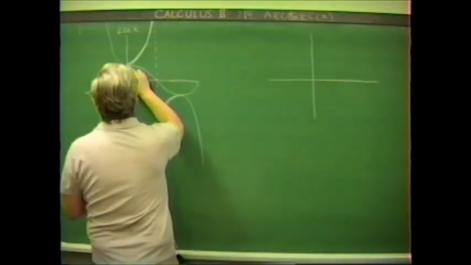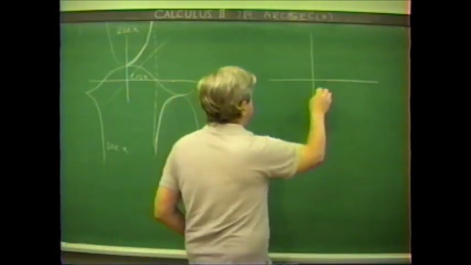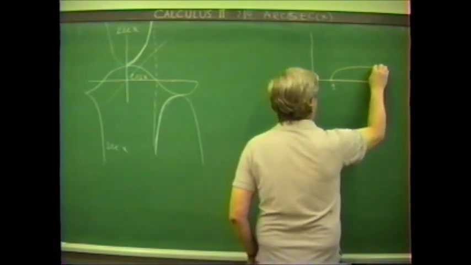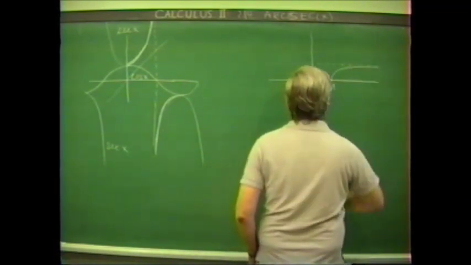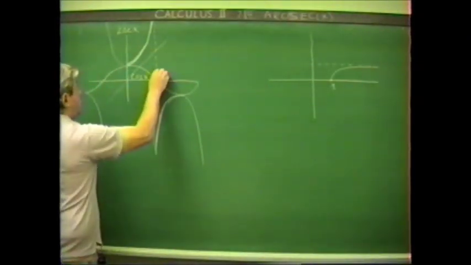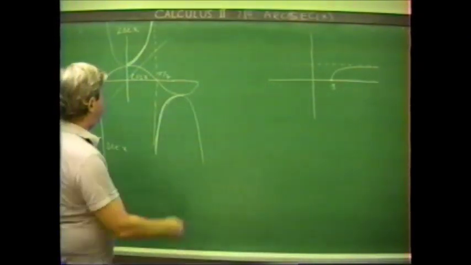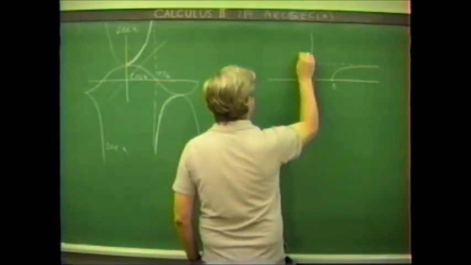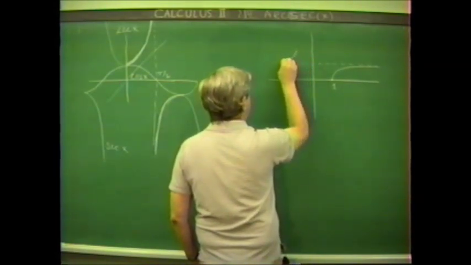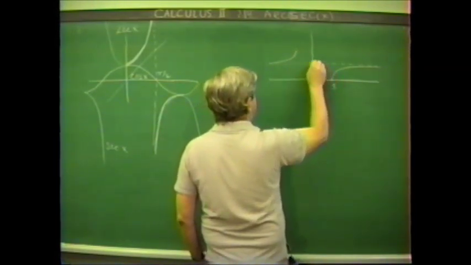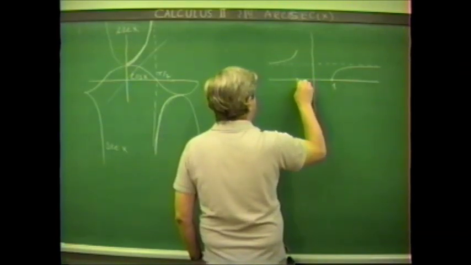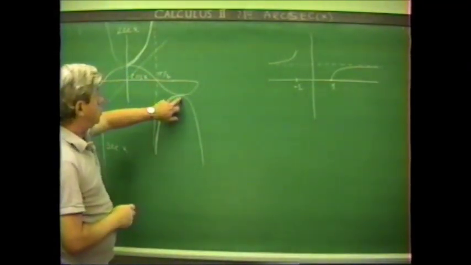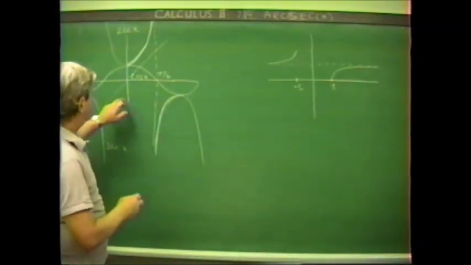If we rotate this about the line y equals x, this starts here at 1, and increases up to pi over 2. It's not defined at pi over 2. And then it comes back in on the other side here, so to speak, and comes back up here, like so, at minus 1.